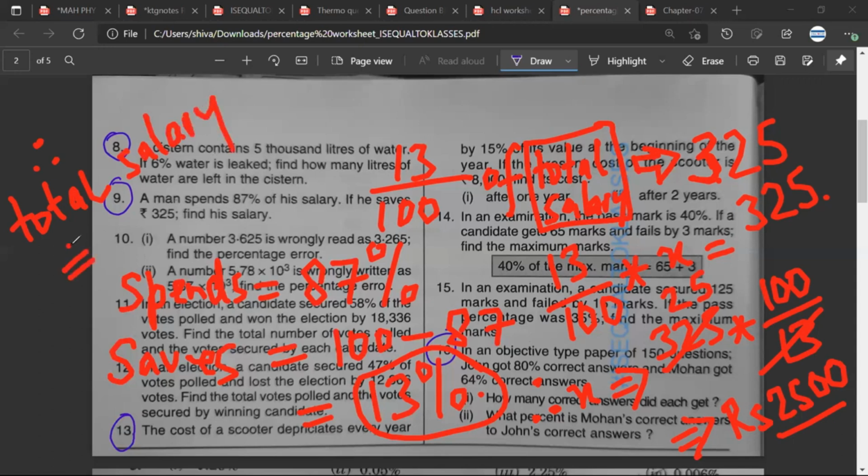Satya, what is X? What, sir? Sarthak, what is X? So 2,500 rupees. Arey sir, X is the total salary. The total salary is 2,500. Satya, have you understood the question? Yes, sir.